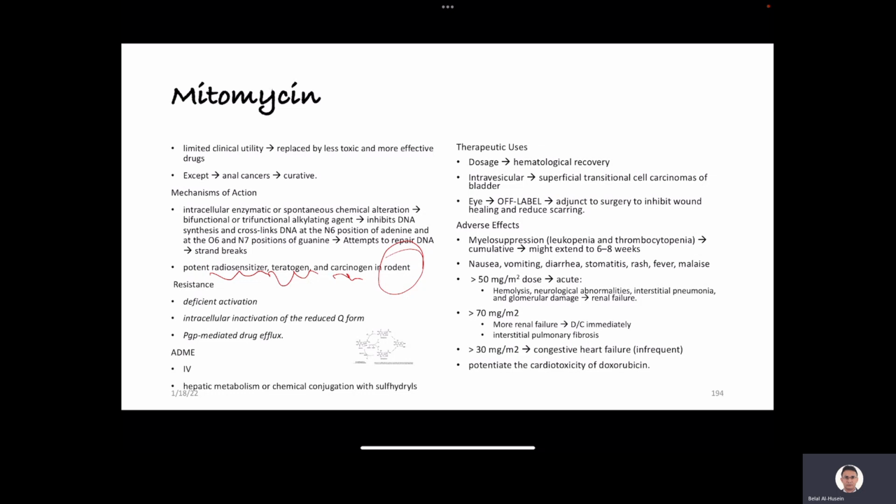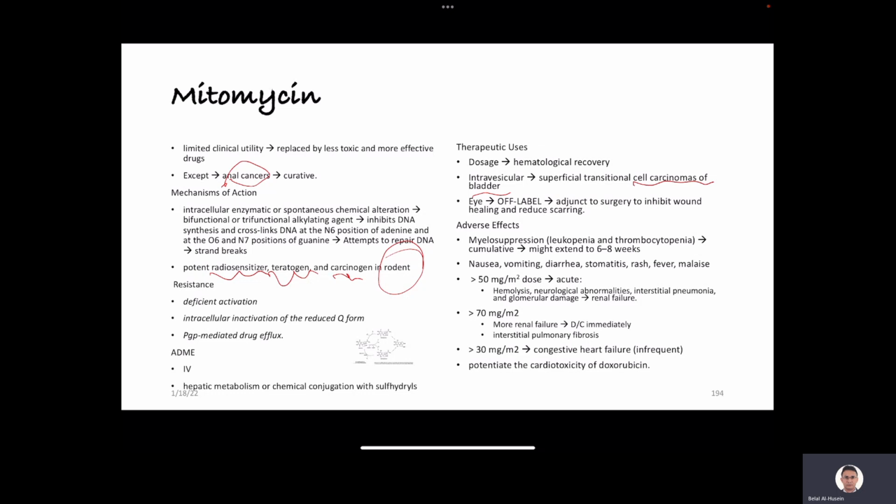Its use is limited, so it is only used for anal cancers or for superficial transitional cell carcinoma of the bladder or renal cell carcinoma, or transitional cell carcinoma of the bladder, let's say. So, as you can see, it has limited toxicity.